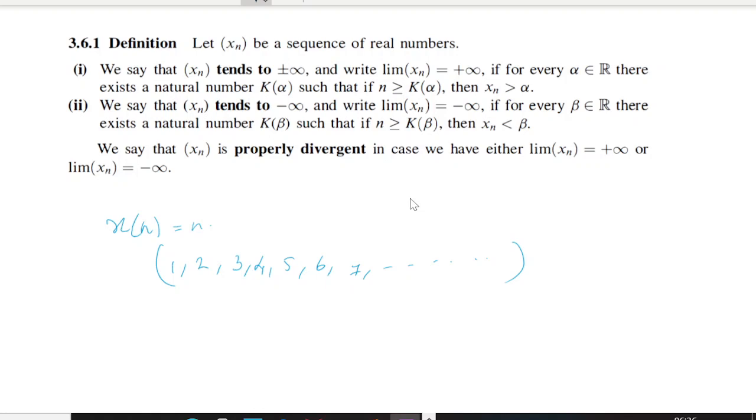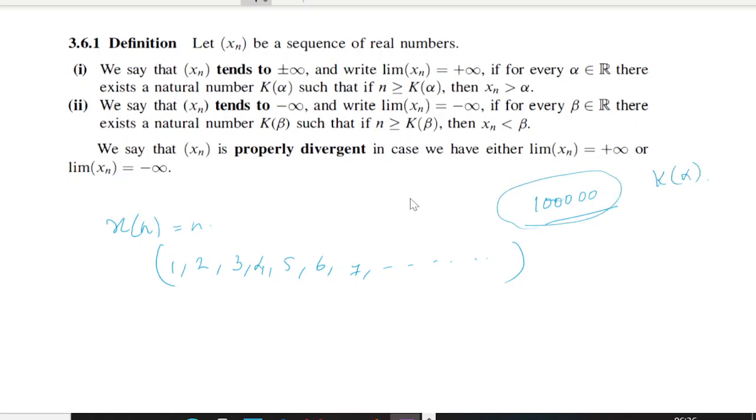For that, you take an alpha belonging to R. Take the real number, say 1 lakh. Then there exists a natural number k of alpha such that after a certain stage, this n value is greater than this k of alpha value.